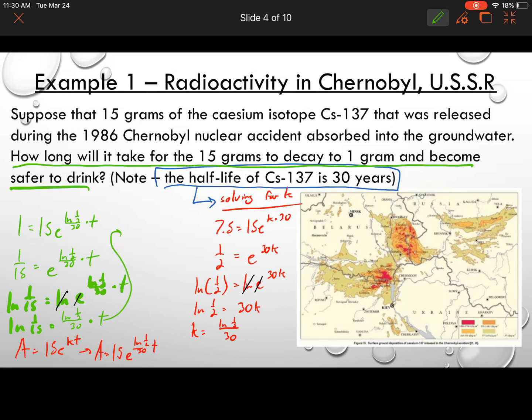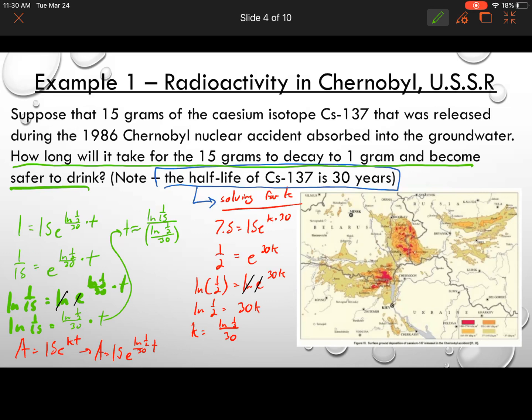Okay, so it looks like our final answer is whatever ln of 1/15 is divided by the quantity ln of 1/2 over 30. So we just put that into a calculator. We have ln of 1/15 divided by the quantity ln of 1/2, or 0.5, divided by 30.